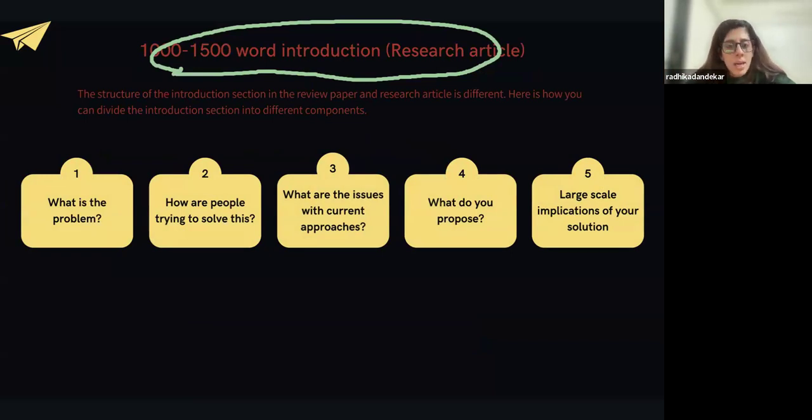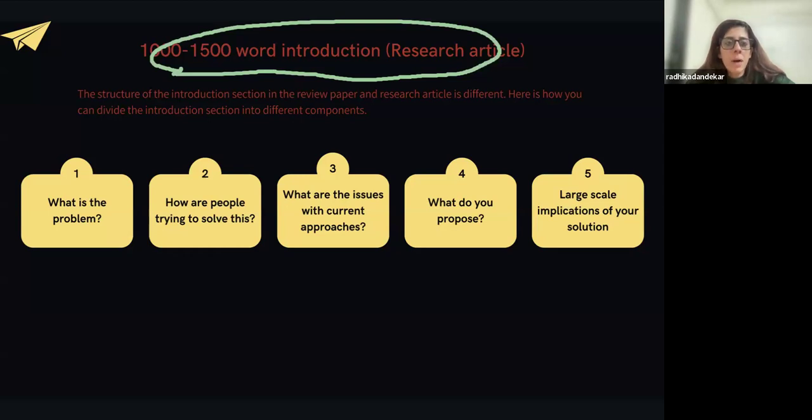So we've decided to talk to you about the 5 points that constitute an introduction section. In this section also, we encourage you to write in pointers, so that we can later convert it into a total 1,500 word essay.